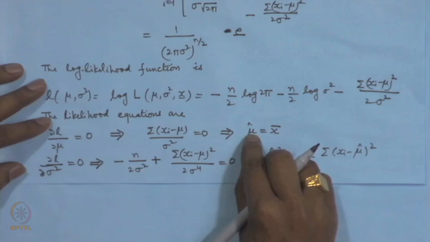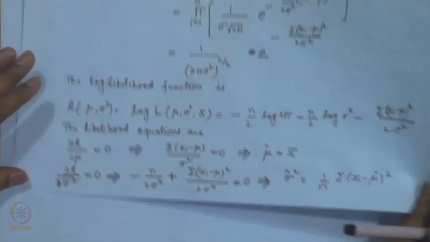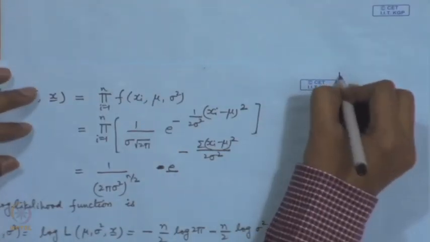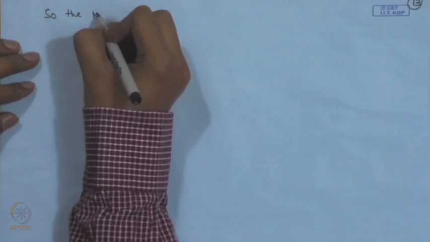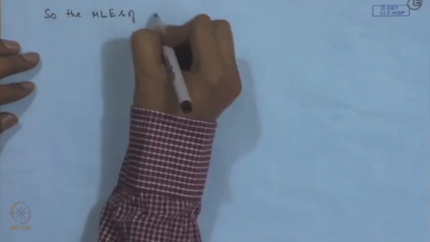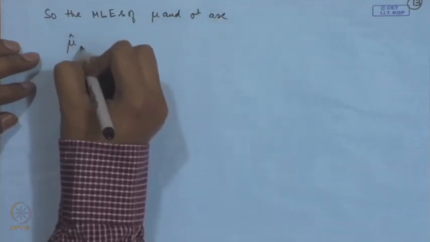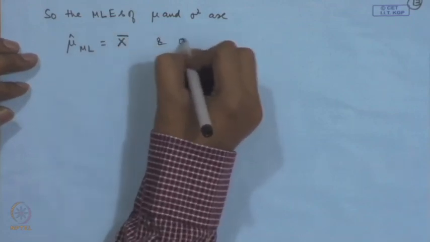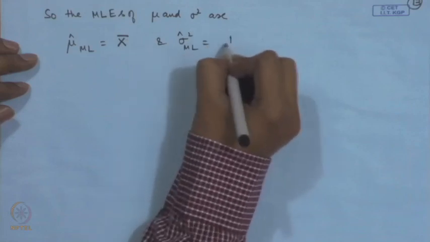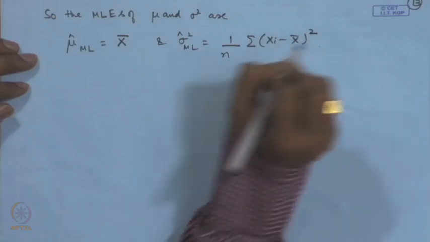We substitute the value of mu from the first equation and substitute here. So, the maximum likelihood estimators of mu and sigma square are mu hat ML is equal to x bar and sigma hat square ML is equal to 1 by n sigma (x_i minus x bar) whole square.